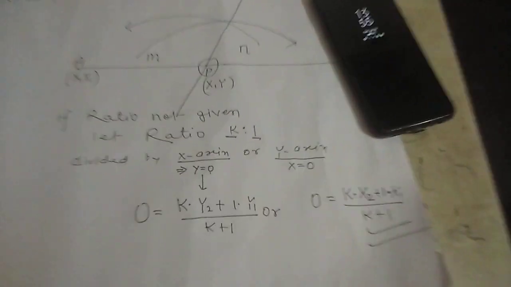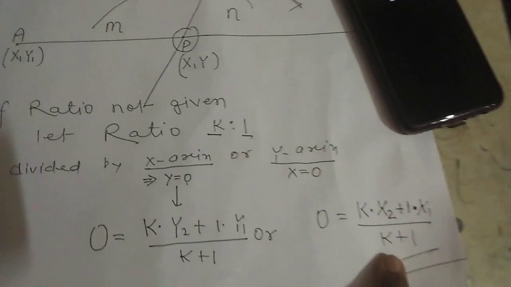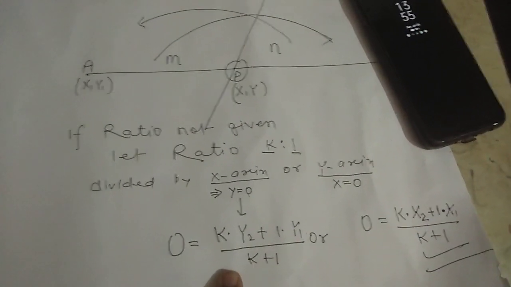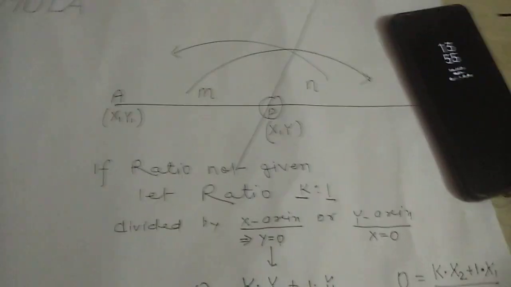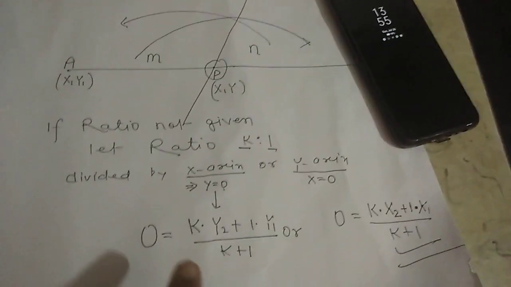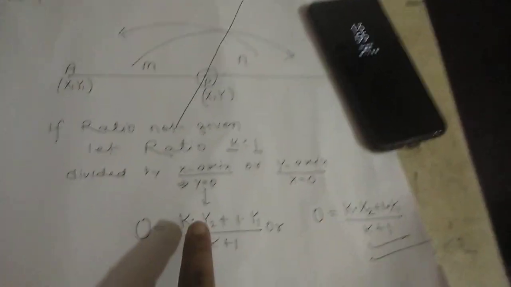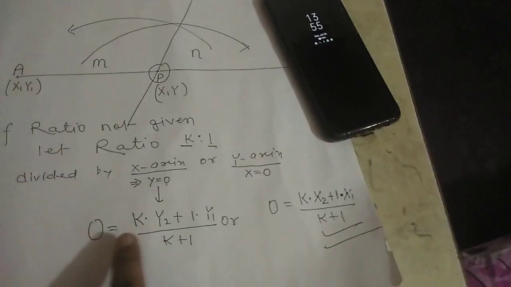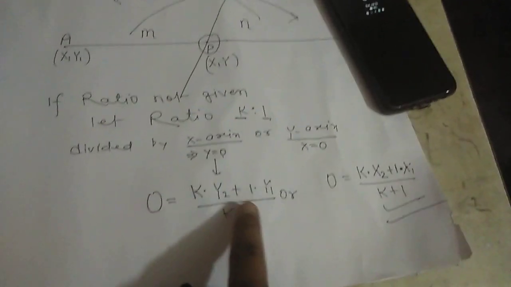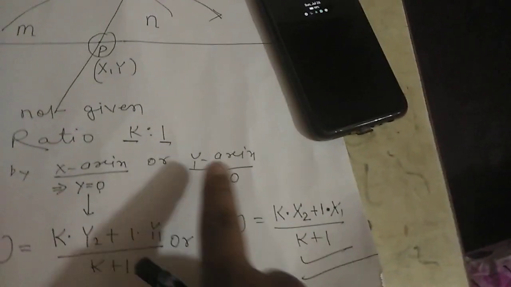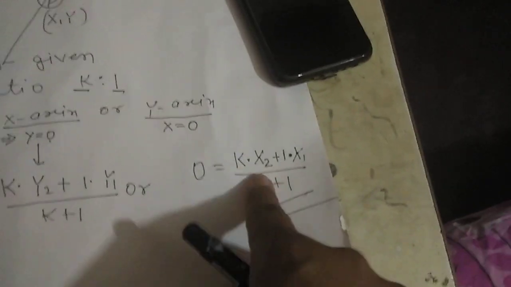You can go with this also. If x-axis, this one. If y-axis, this one. If x-axis, it means y is equal to 0, so 0 is equal to (k y2 plus 1 into y1) upon (k plus 1). Similarly, if y-axis, x is equal to 0, that is (k x2 plus 1 into x1) upon (k plus 1).